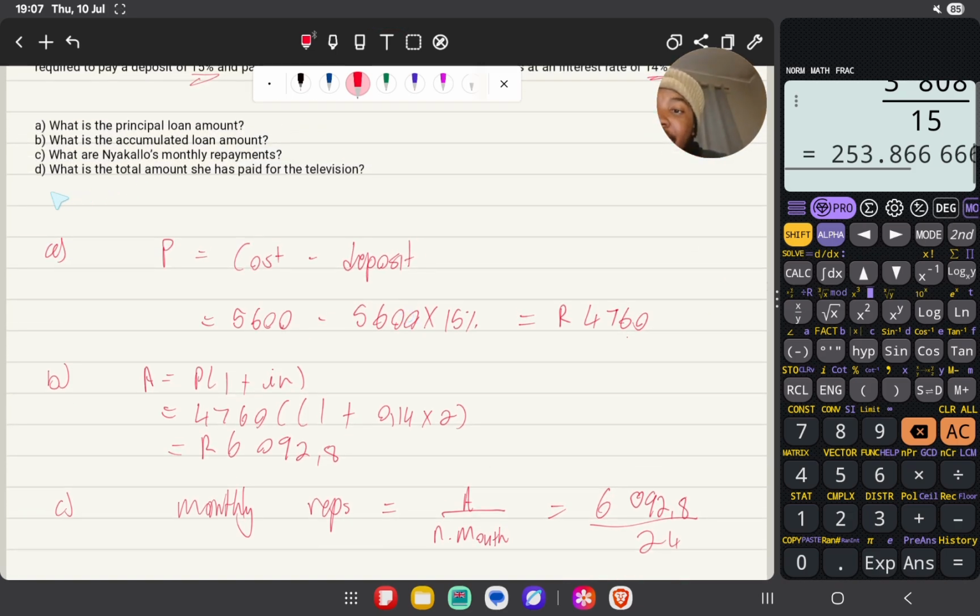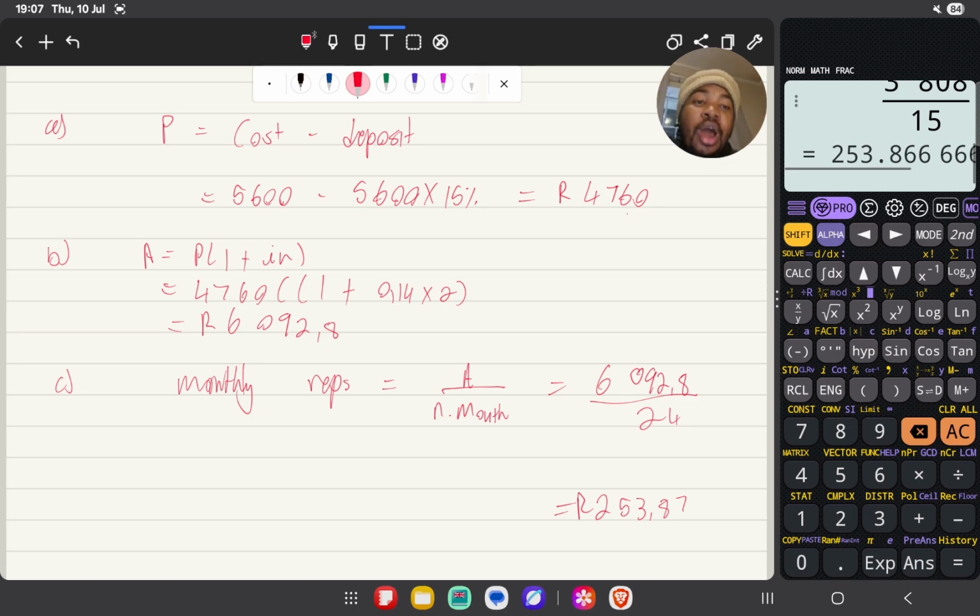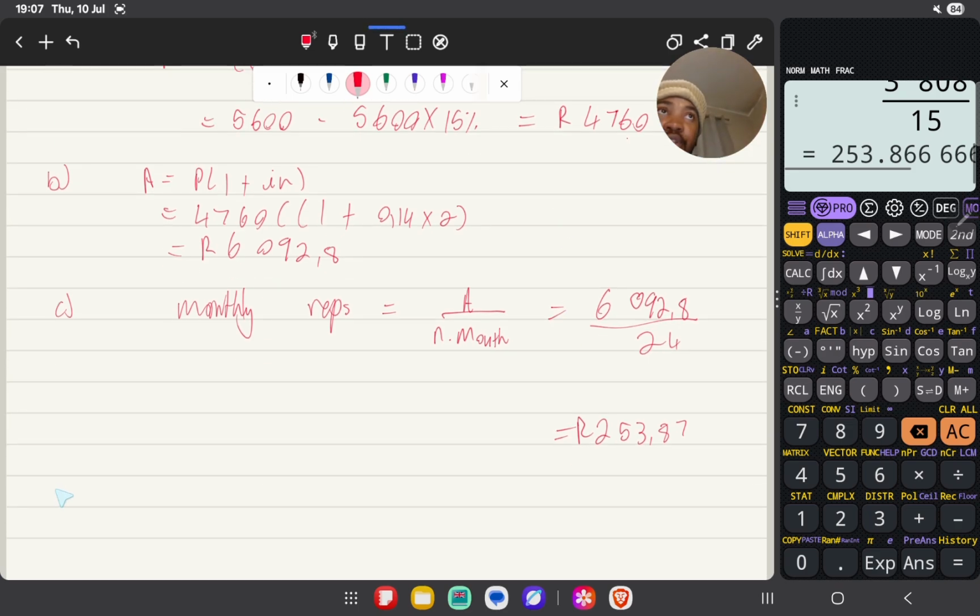And let's see what is the total amount that she has paid for the television. So now the 2 years is done. She's been paying every month for 24 months. She didn't miss a payment. The question is, overall, how much money she would have paid.